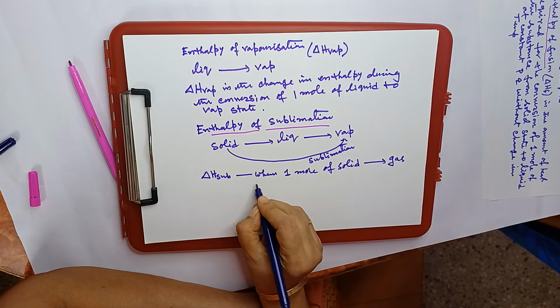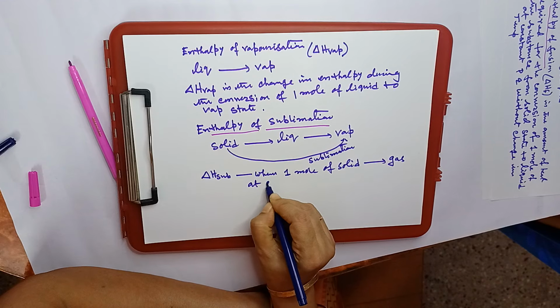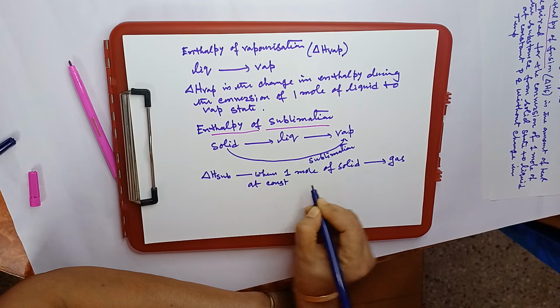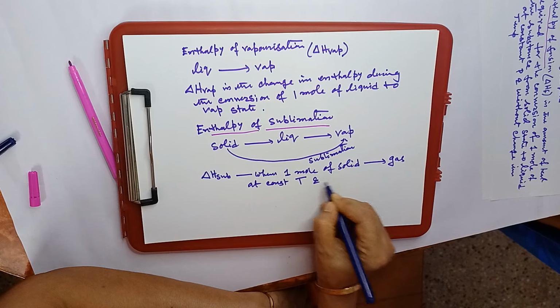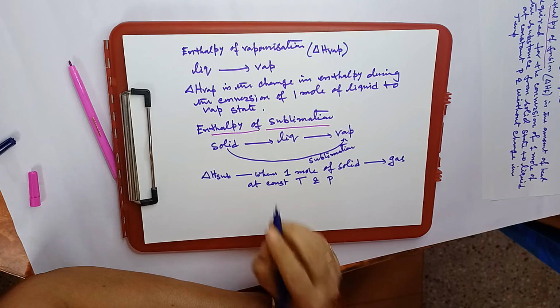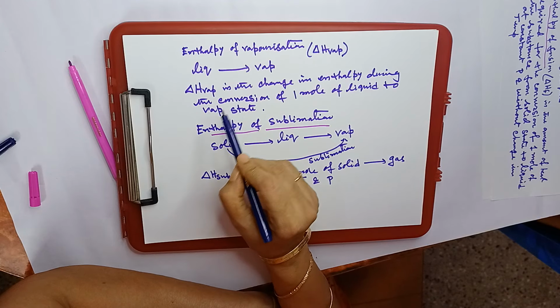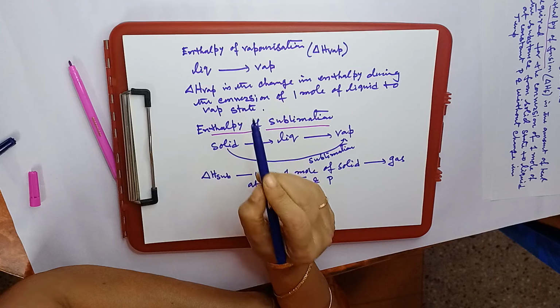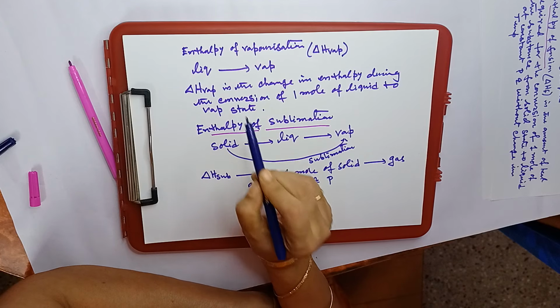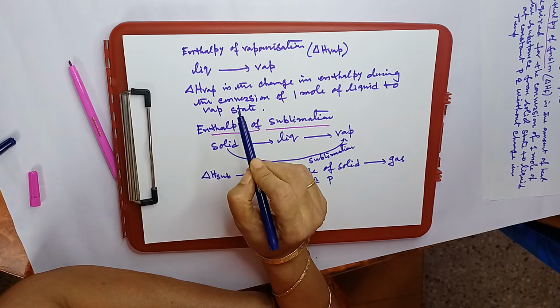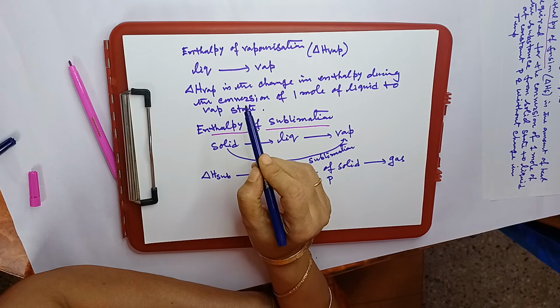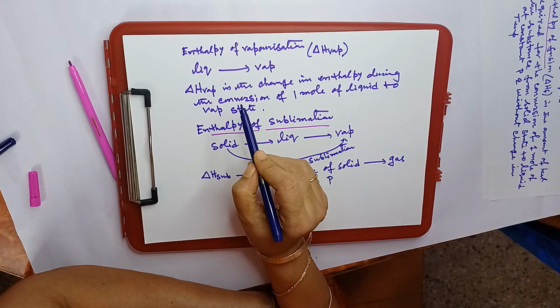What is the condition? At constant temperature and pressure. So during state change, even in the vaporization process, say water. Water is vaporized or boiled at 100 degrees centigrade and the temperature remains constant till all the water is boiled off. What is the reason?